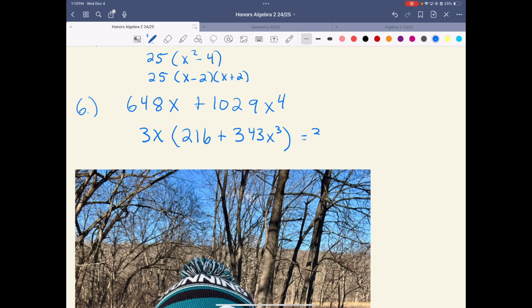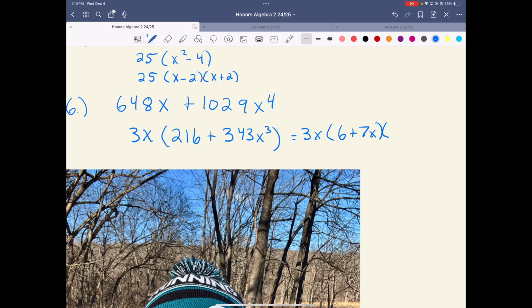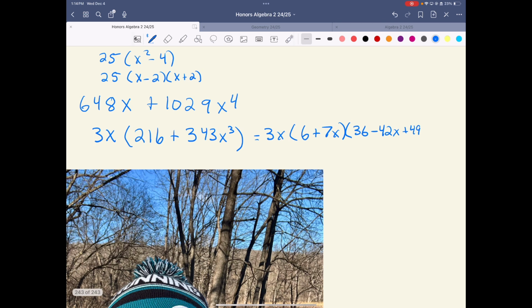We can leave this as 3x times the cube root of 216, which we said was 6, plus 7x times 6 squared is 36. 7 times 6 is 42, so minus 42x plus 49x squared.